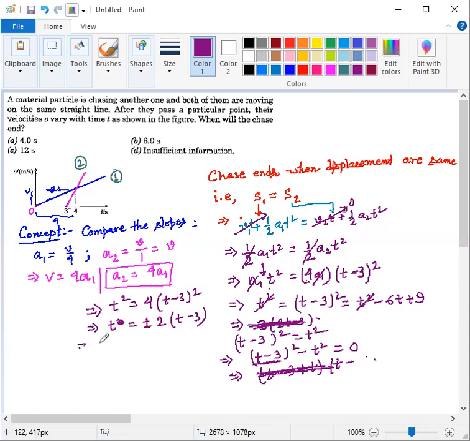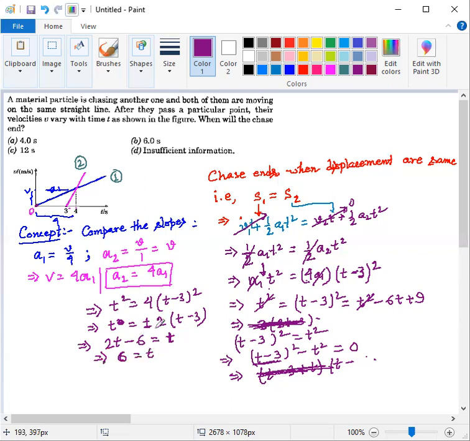If we take the positive sign here, then we can say 2t minus 6 equal to t. Or we can say t equal to 6. So 6 is the value of t.